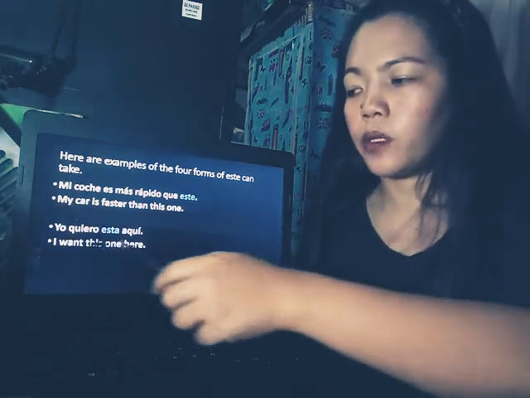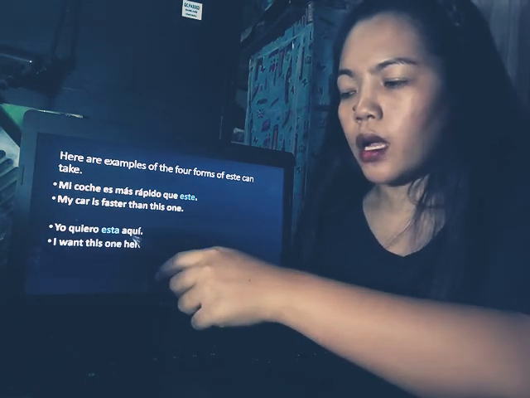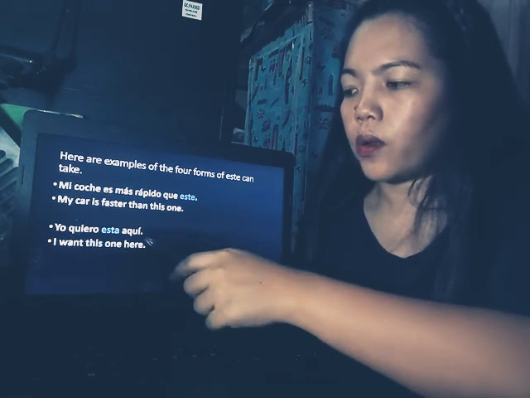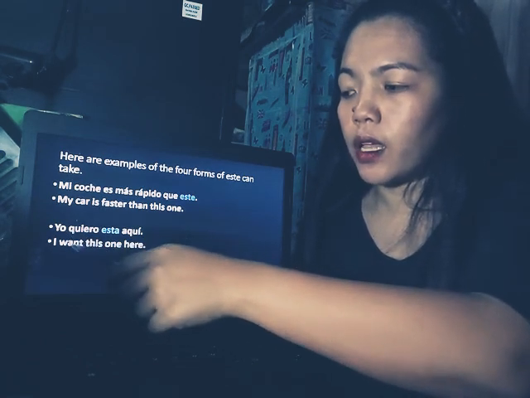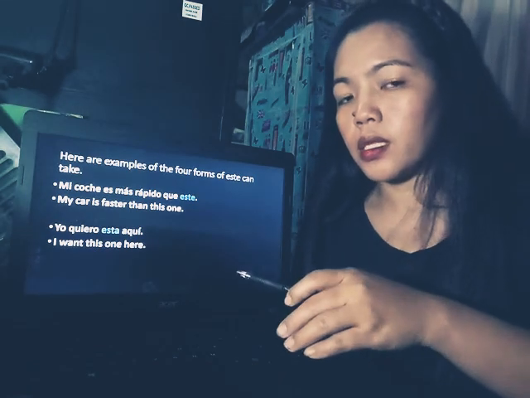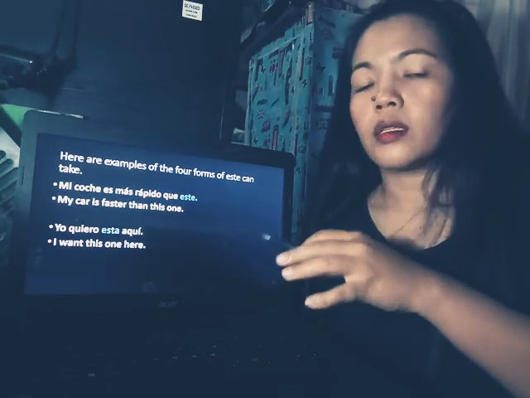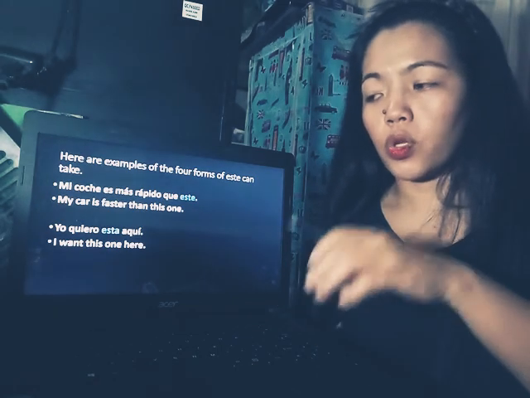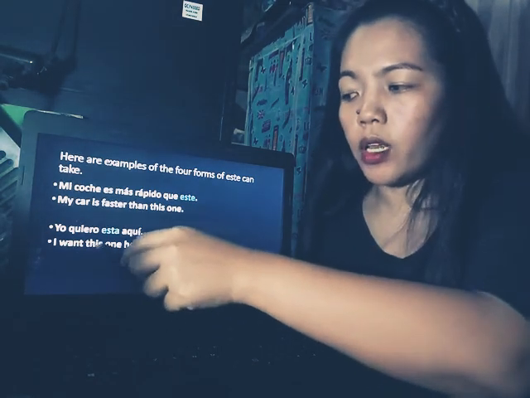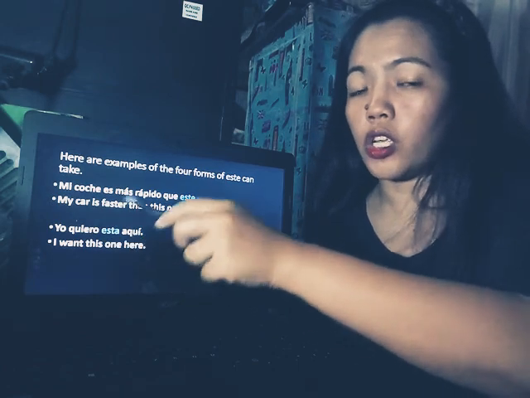Next, for example, yo quiero esta aquí. Yo quiero esta aquí. So I want this one here. So instead of saying I want this book right here, you're just pointing already. Okay, you can change it into another.